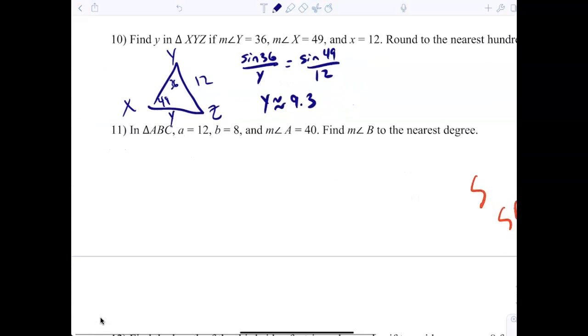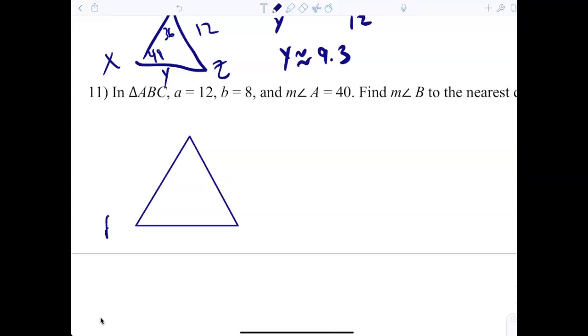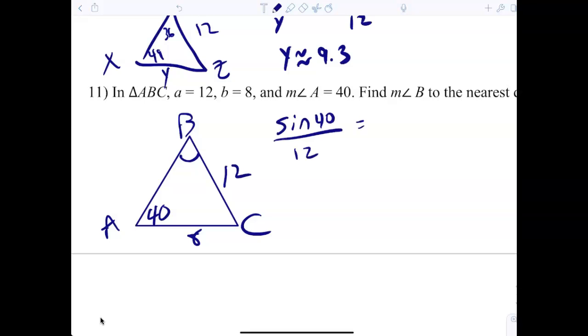All right. Next one, triangle ABC. A is 12. B is 8. Angle A is 40. Angle B. Here we go. All right. So again, sine of 40 over 12 equals sine of B over 8.